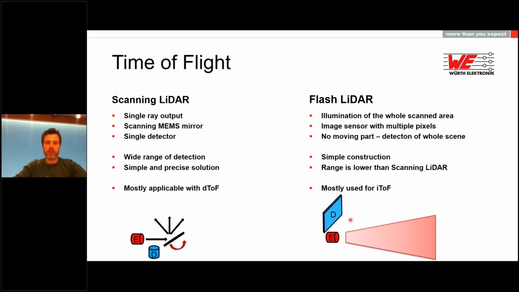It has a simple construction but a rather lower range, up to 20-30 meters in most cases, mainly due to the output power of the laser and due to the possibility to have a different pulse train or the phase shift. Of course, it is mostly used in the indirect time of flight system.